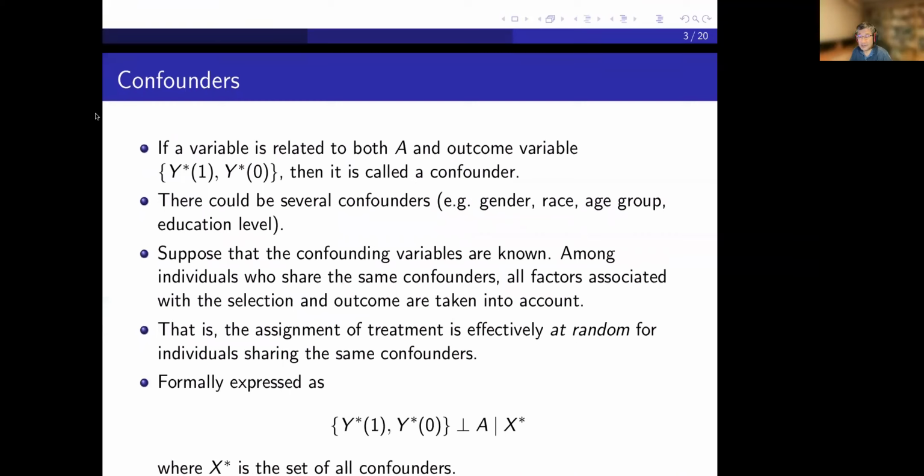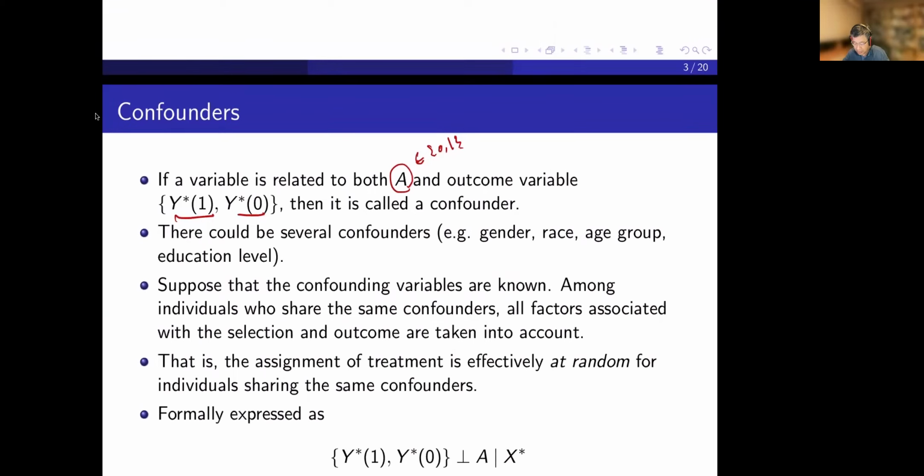If a variable relates to both treatment, I mean A, and the outcome variable, and A is a random variable, either 0 or 1, and for each choice we have a different counterfactual outcome, then it is called a confounder. There could be several confounders such as gender, race, age group, and education level.